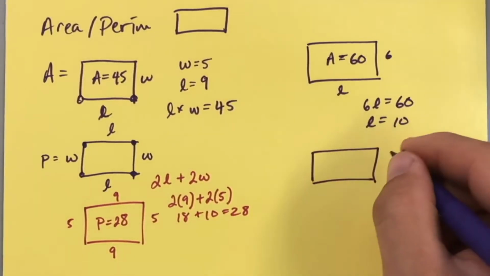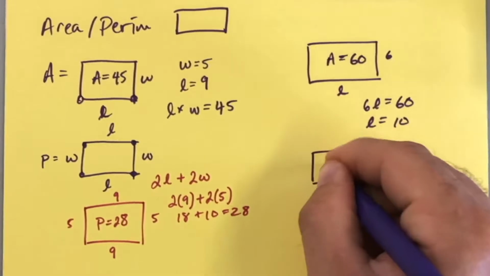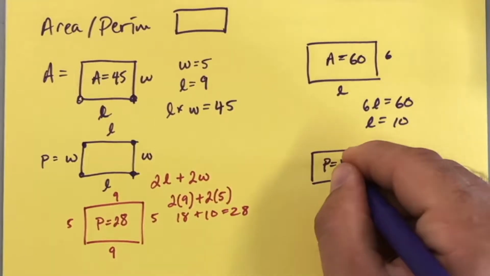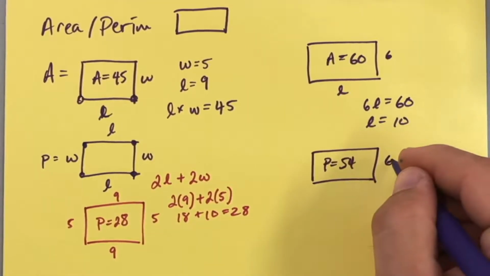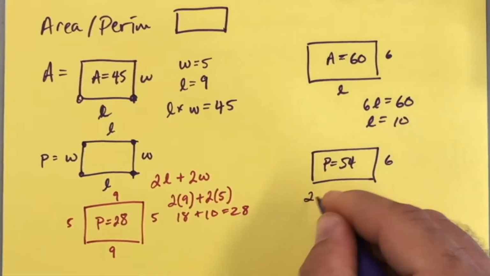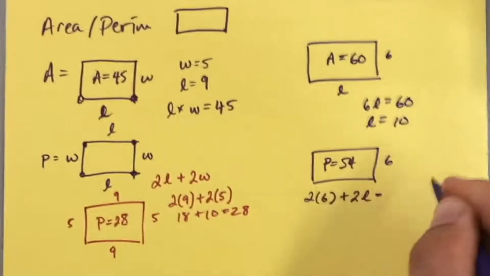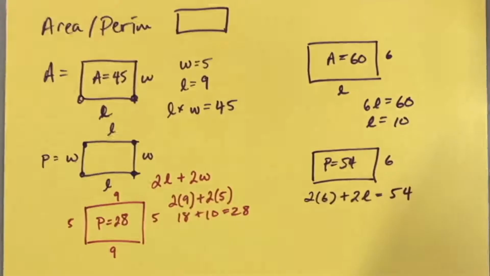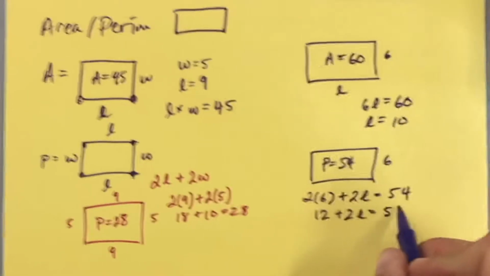Now, let's say they give you the same thing and tell you your perimeter is 54, and they want to know what is the length. Well, it's 2 times the width, so 2 times 6 plus 2 times the length gives you a perimeter of 54. So you have 12 plus 2L is 54.